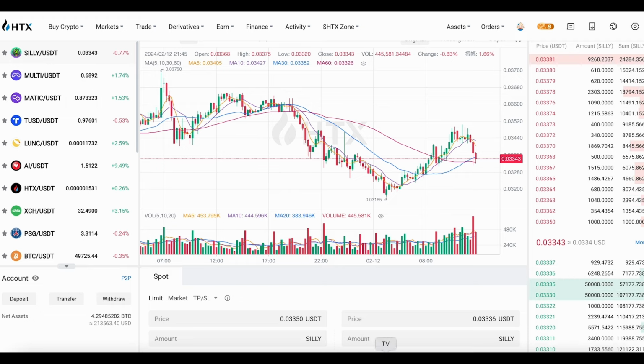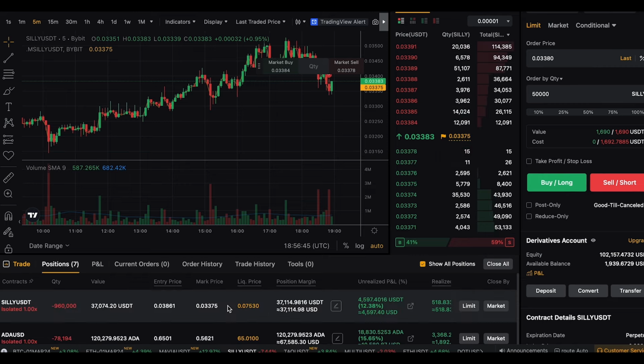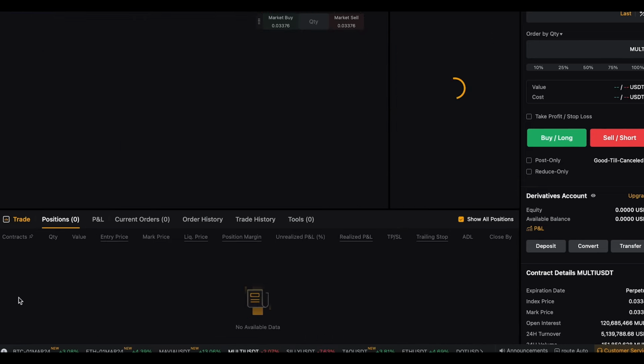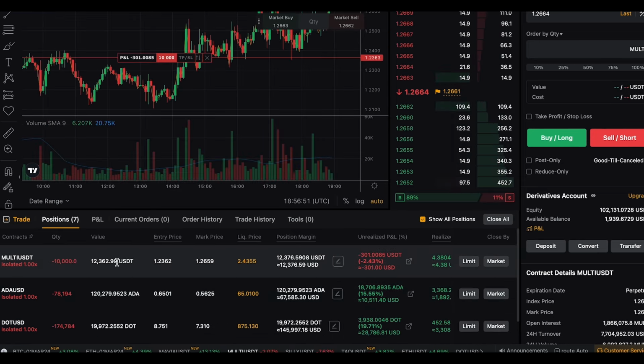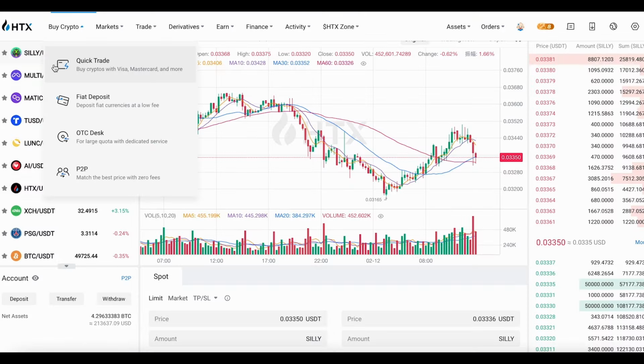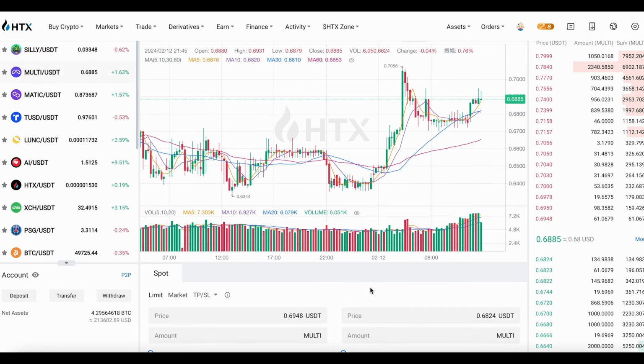So far, I can show you what we have here and what's interesting that I keep. Let's take another multi-token. I went in at 12,300, then 1.26, and it went up to 0.68. Now I'm waiting for the price to go down.